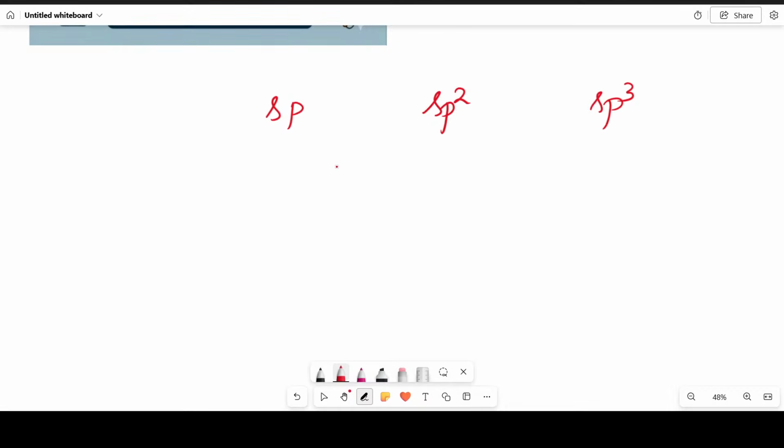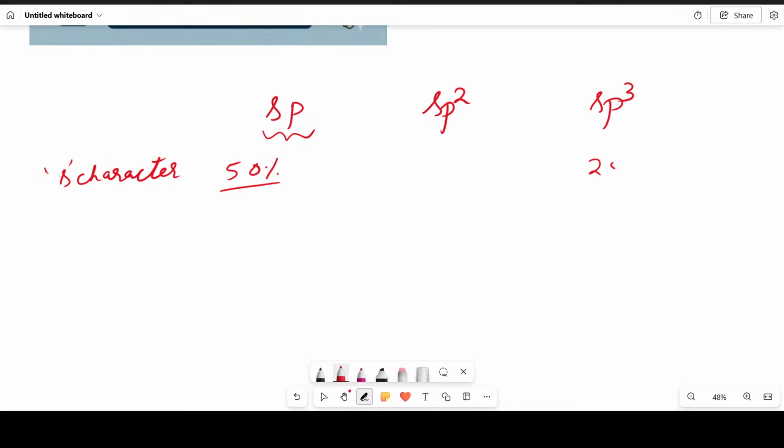So here this hybridization involves the mixing up of s and p orbitals. So more the s character, now you can see that in this case 50% of s character. What is the s character? It is the 50% of s character that is seen in the sp hybridization. And you can see that in the sp2 hybridization and in sp3 hybridization, it is comparatively less.